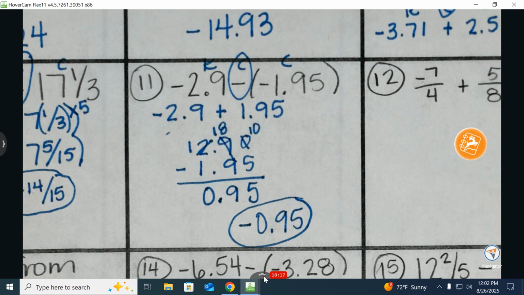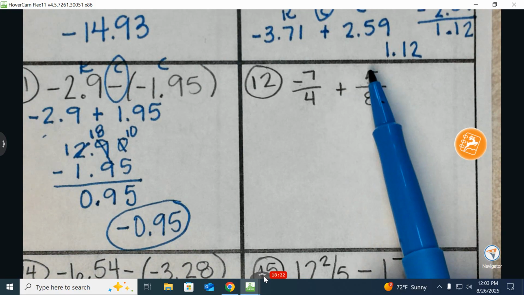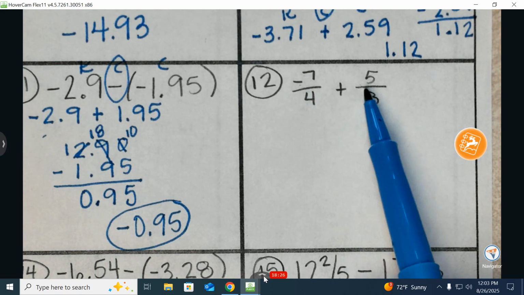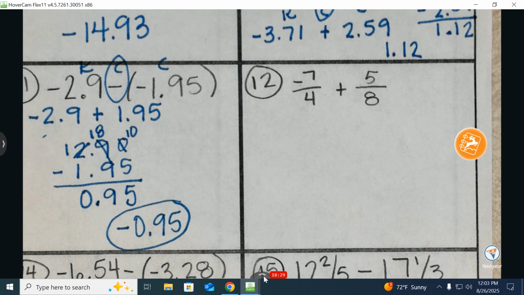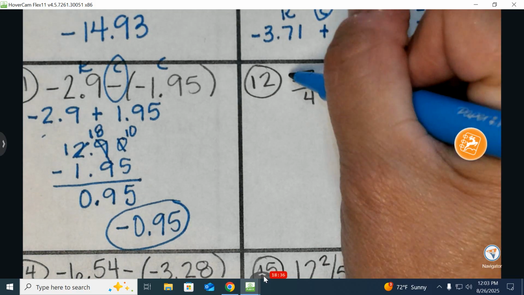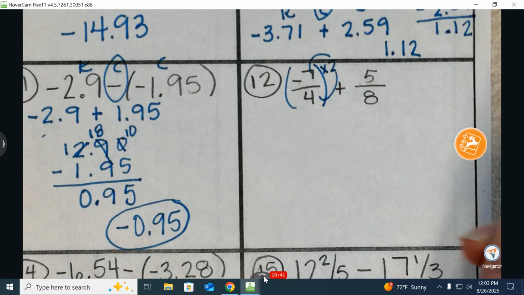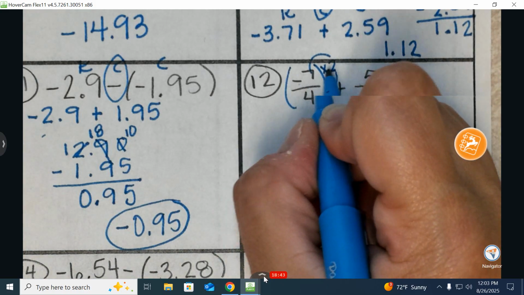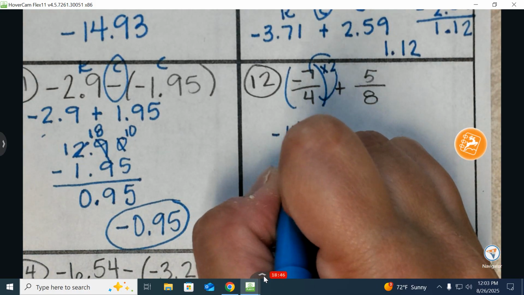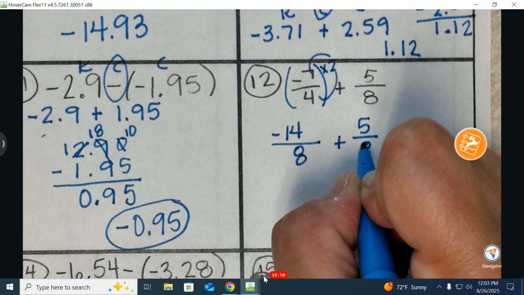All right, number 12. It's an addition problem. They do not have the same sign, so you're actually subtracting them. But before you can subtract them, they have to have a common denominator. The common denominator between 4 and 8 is 8. To get that to become an 8, we have to multiply the numerator and the denominator by 2. 2 times 7 is negative 14/8 plus 5/8.